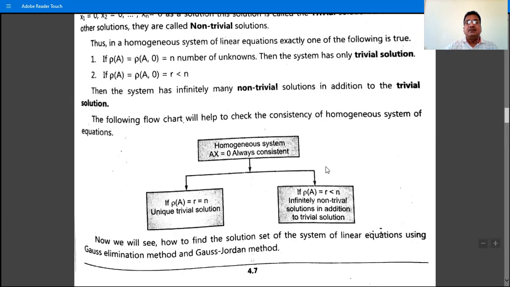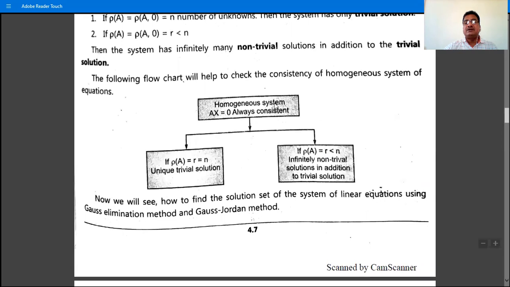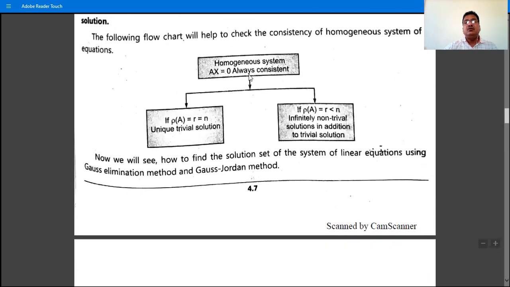So a homogeneous system is always consistent. For a homogeneous system, there are only two cases. The system is always consistent, and so it has either a unique solution or infinitely many solutions.